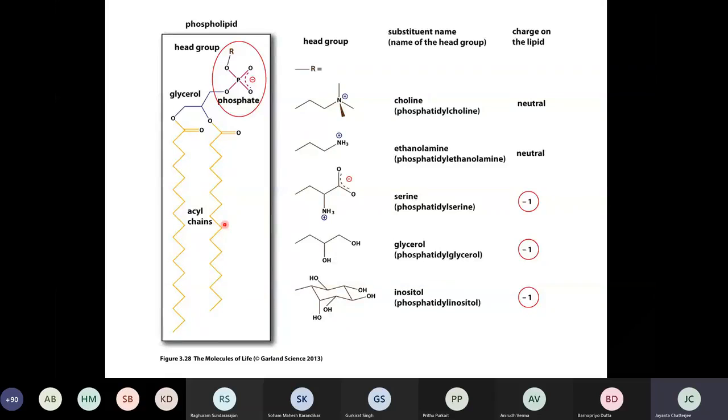In this case, certainly it is present in the inner leaflet, because there are certain kinases, enzymes which phosphorylate those inositol OH groups, the 4 and the 5, which also have to be phosphorylated.